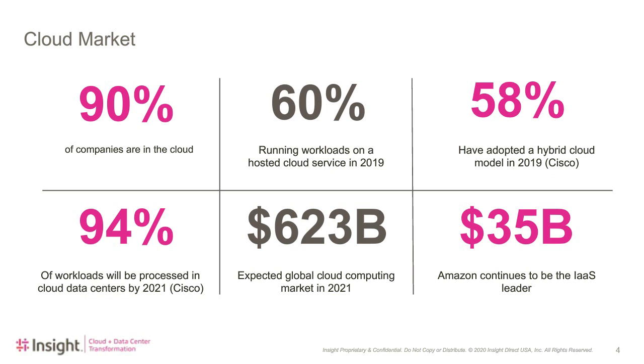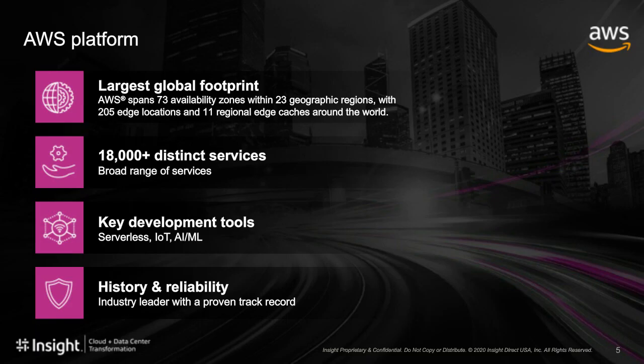And since we're talking about AWS, we all know that right now Amazon continues to be the leader, holding roughly about $35 billion of that market share, and continues to grow year over year. The AWS platform, if you weren't aware, is the largest global leader when it comes to cloud platforms.